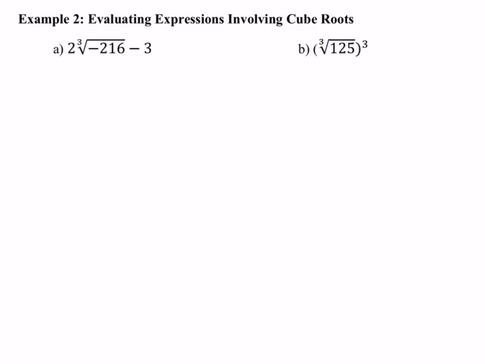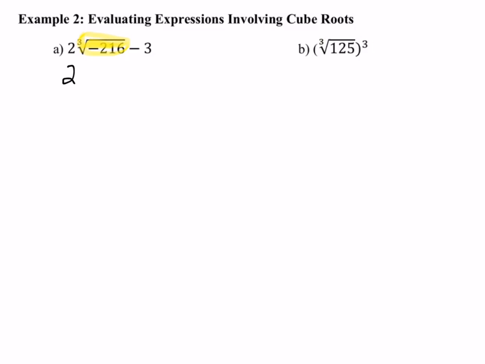Okay, let's look at a few examples. Evaluating expressions involving cubed roots. So just like we did previously, we are going to look at our root piece first and apply order of operations. So if we look here, we have the cubed root of negative 216. Well, from our chart, we know that 216 is the cubed root of 6.